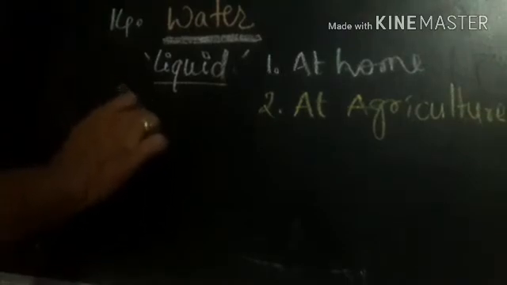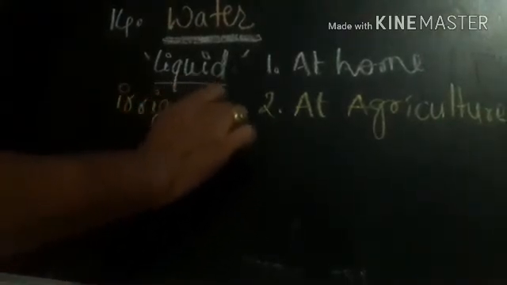For example, if you cultivate wheat, rice, pulses, fruits, vegetables, definitely they require water. If rainwater is not sufficient, then we have to supply groundwater. Supplying water to the agricultural field is called irrigation.